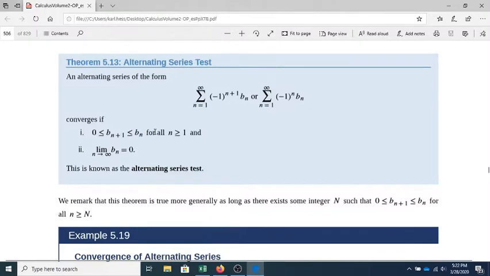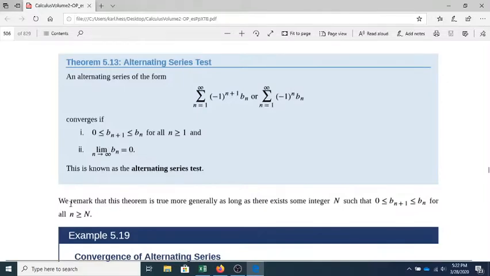So that's one condition: it's got to be decreasing. The other is the limit of those terms. Notice we're not worrying about the negative 1 to the n or n plus 1, just the limit of the positive parts of the terms. That's got to be 0.